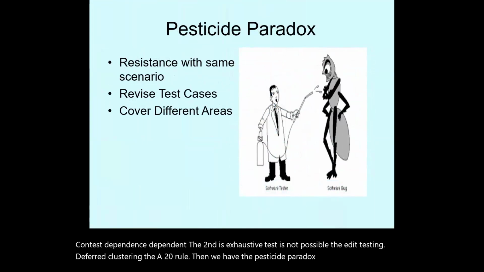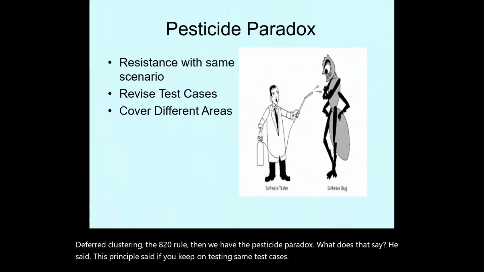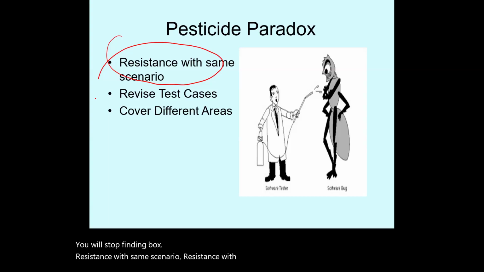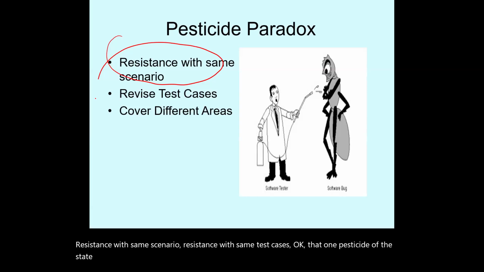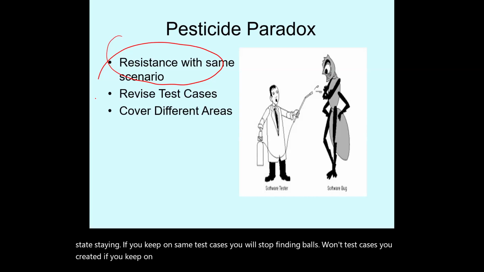What does this principle say? If you keep on running the same test cases, you will stop finding bugs, because the application becomes resistant to the same scenario and the same test cases. If you keep executing a test case you created over and over, you will find there is no bug in that test case.